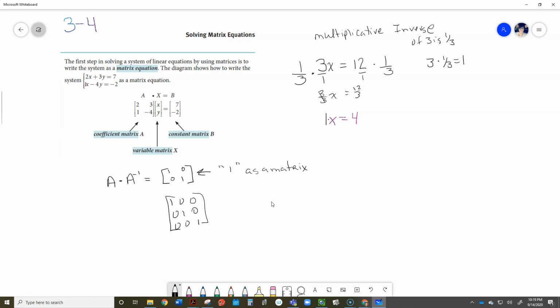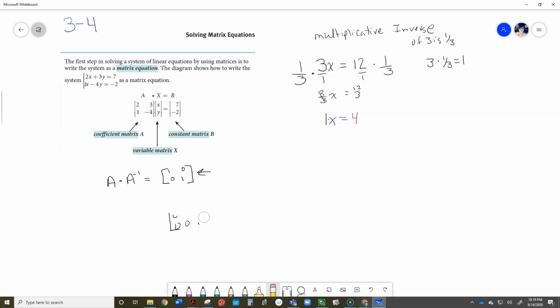And if it was a 4 by 4, it would have a diagonal of four 1s, and it would be 0 everywhere else. Okay, so those are called identity matrices. The identity matrix is just simply a way of writing a 1 in front. It's like a coefficient of 1.